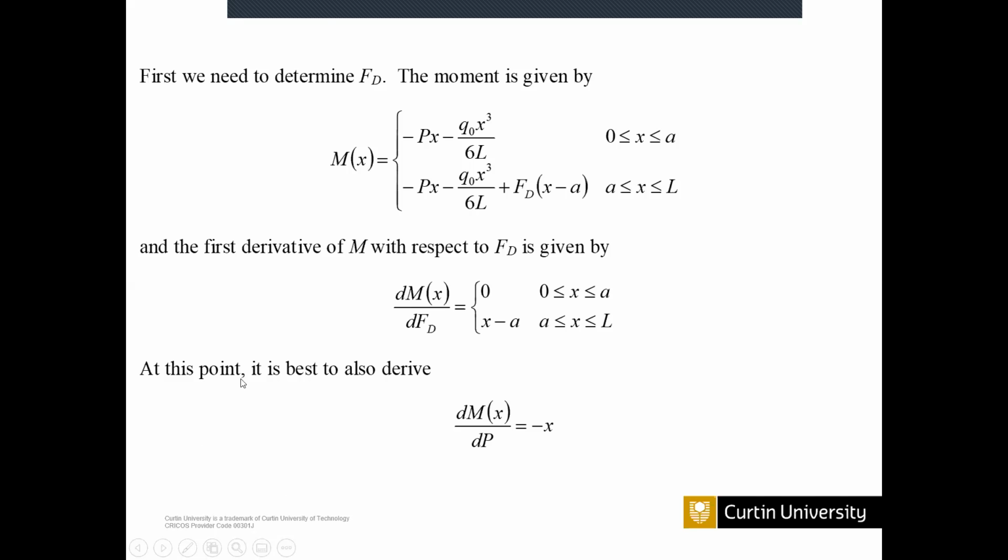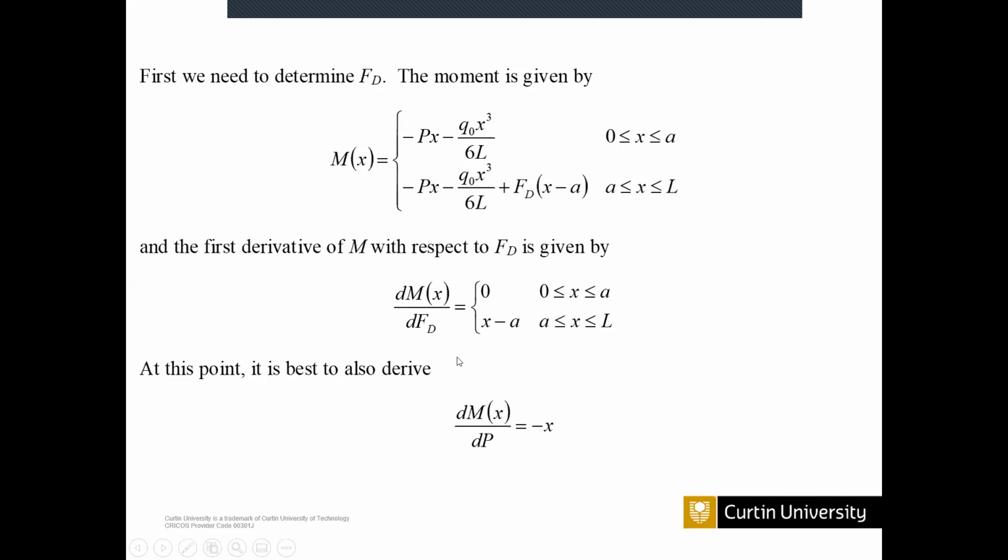So at this point, it is best to derive this one also, because later on we need to calculate the point B deflection. We are not going to calculate the point D deflection. We find it only because of the unknown reaction. We already know the deflection value is 0, but we need to find the reaction value to calculate the point B deflection.